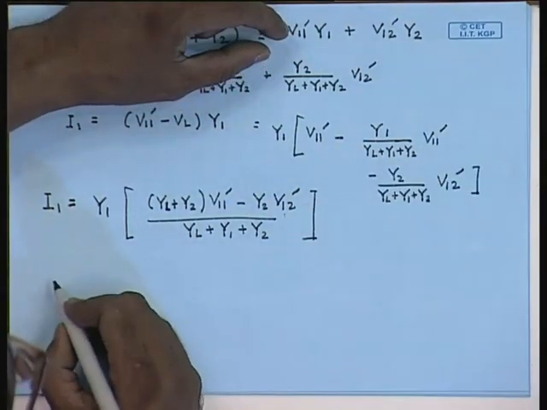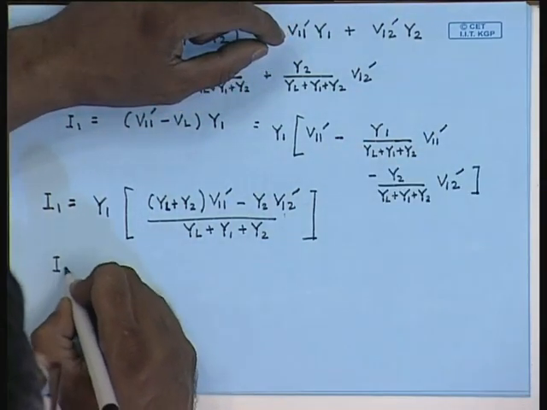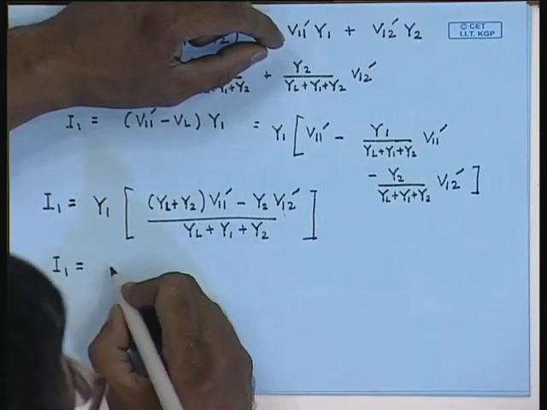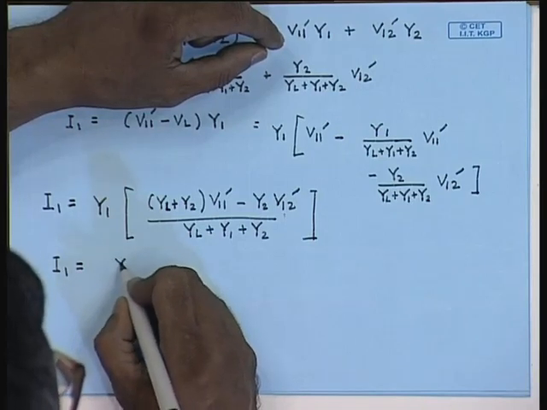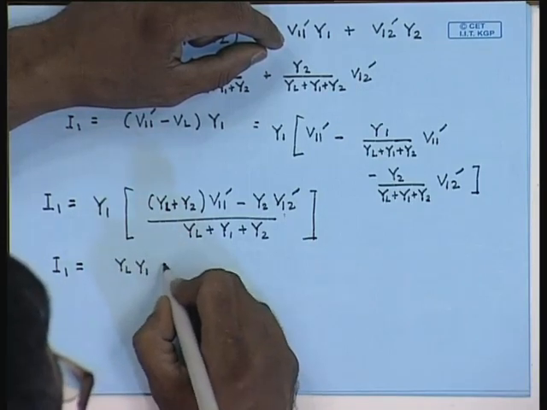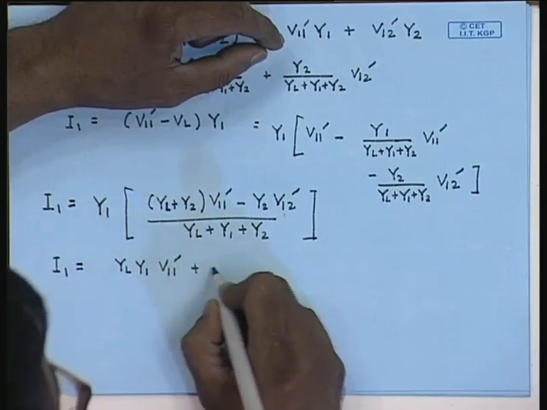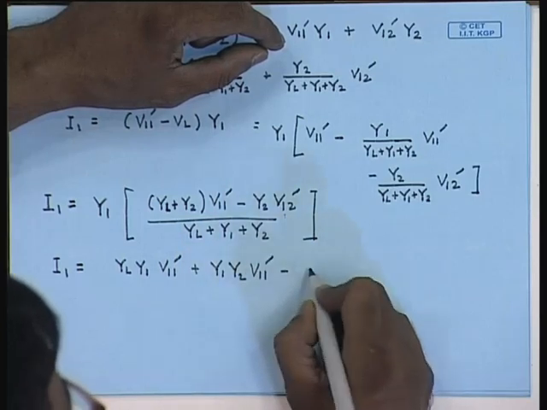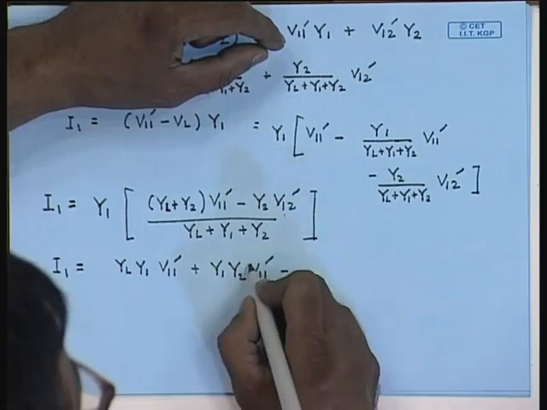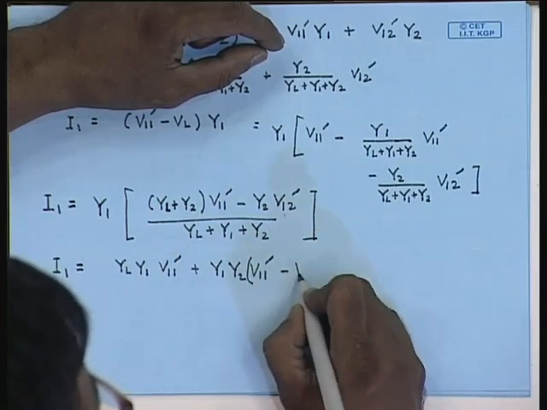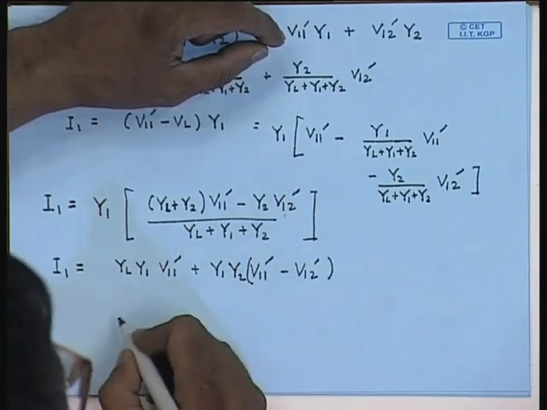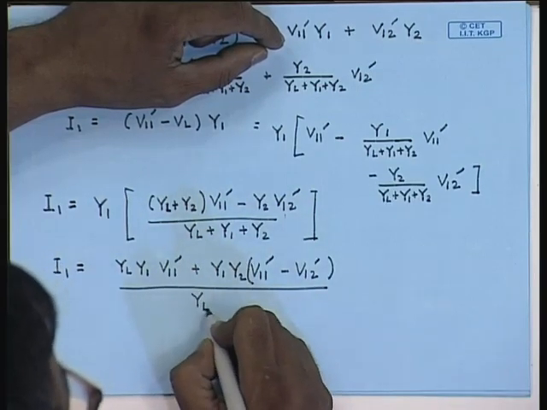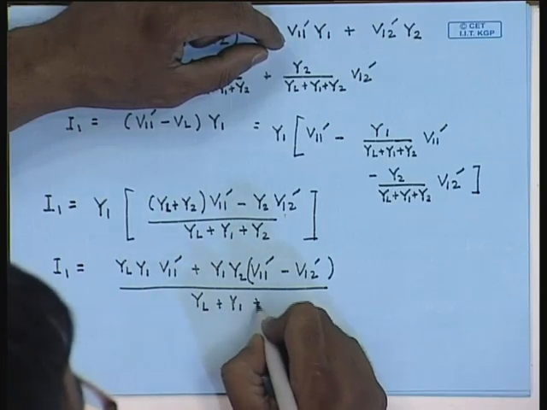Or I1 equal to YL Y1 V11 dash plus Y1 Y2, V11 dash minus Y1, divided by YL plus Y1 plus Y2.